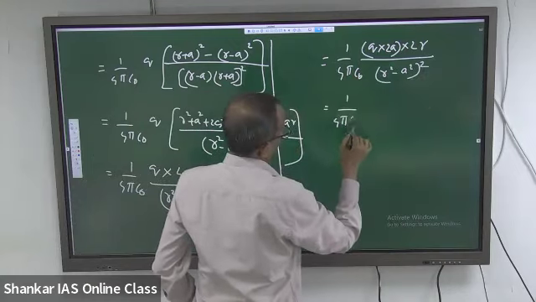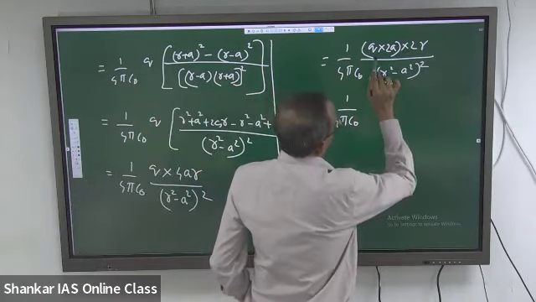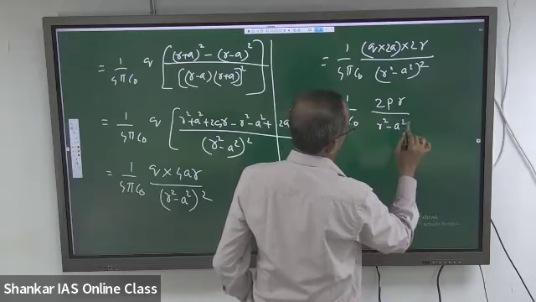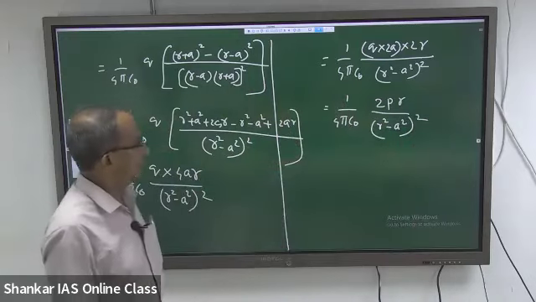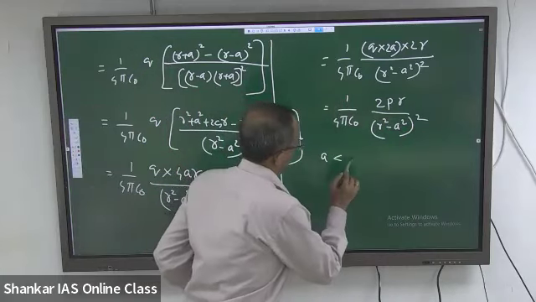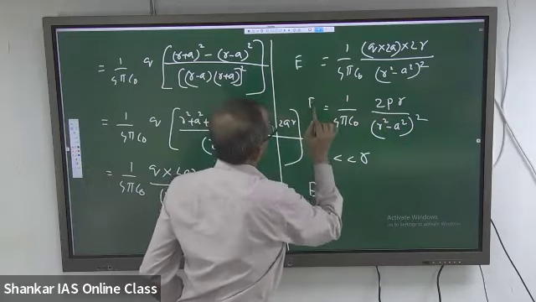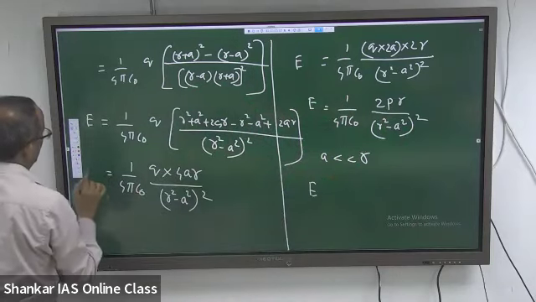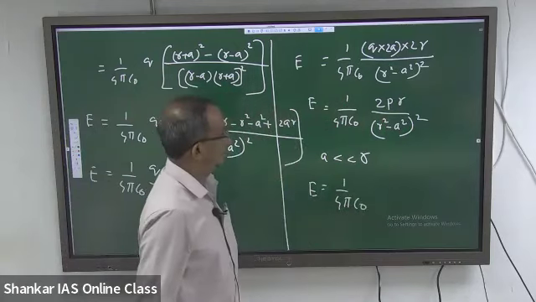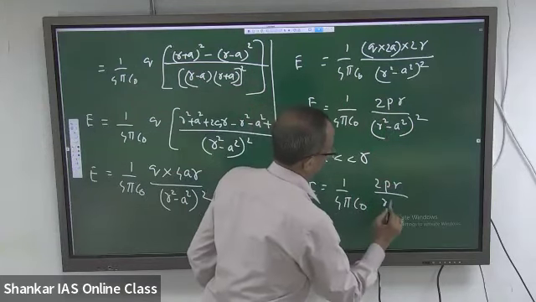1 by 4 pi epsilon naught, Q into 2A is P, into 2. So we can write 2PR divided by R squared minus A squared the whole squared. If A is very much negligible, very much less in comparison to R, then we can write E is equal to 1 by 4 pi epsilon naught 2PR divided by, A is neglected, R raised to 4.